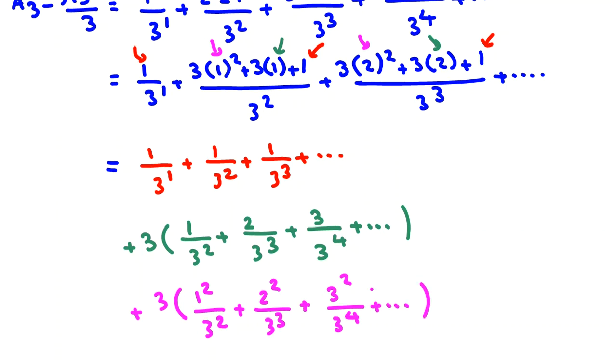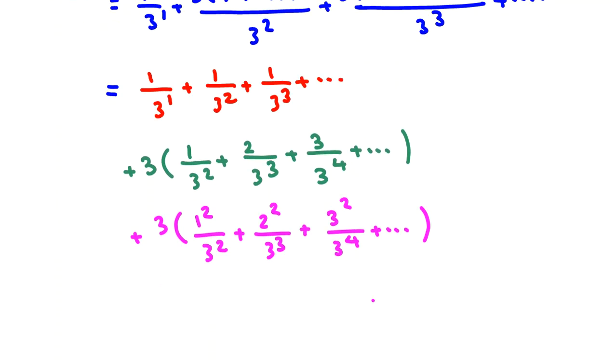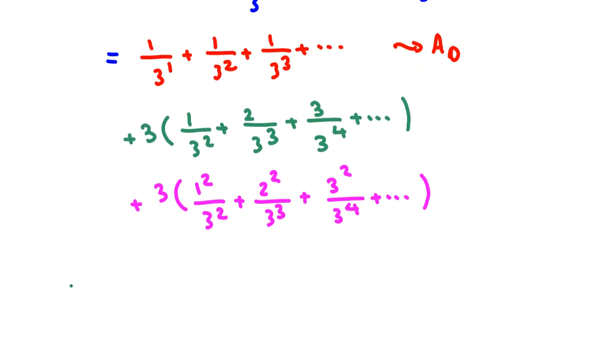Now, let's calculate each term. The first one, the red one, is exactly A0. The green one: I know A1 is 1 over 3 to the 1 plus 2 over 3 squared plus 3 over 3 cubed, and so on. So if you pay attention, it is exactly A1 over 3.